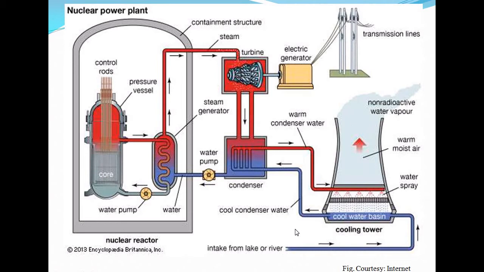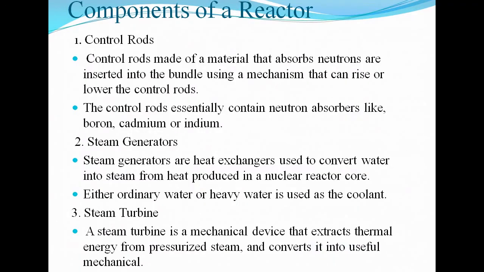So let us see one by one each component, the working of each component. Now first one is control rods. Control rods are made up of material that absorbs neutrons and are inserted into the bundle using a mechanism that can raise or lower the control rods.